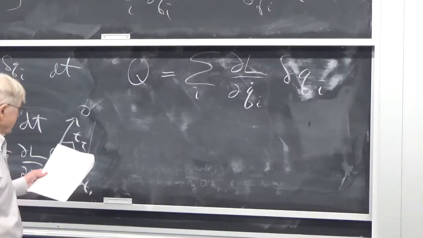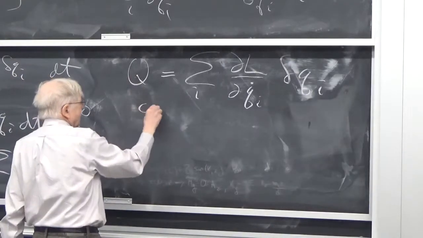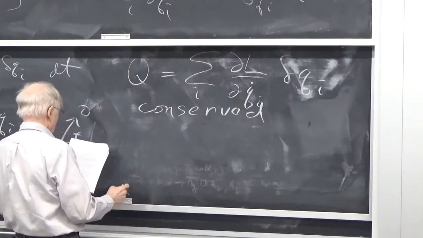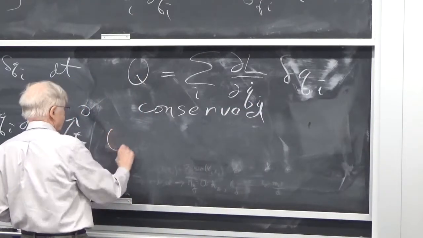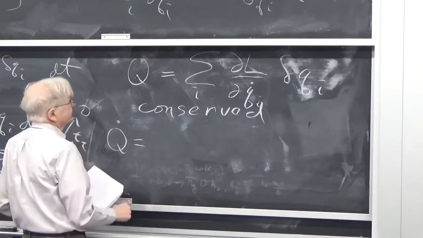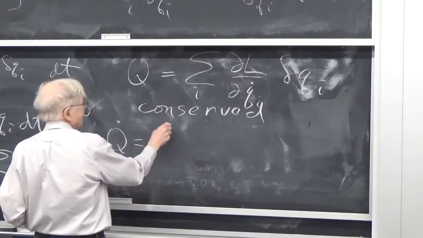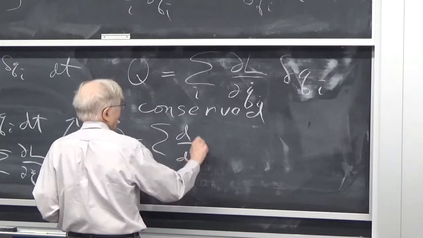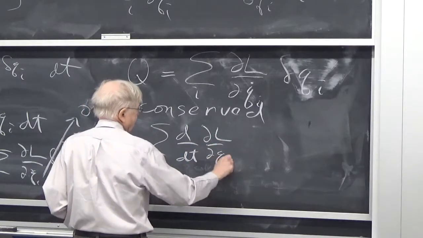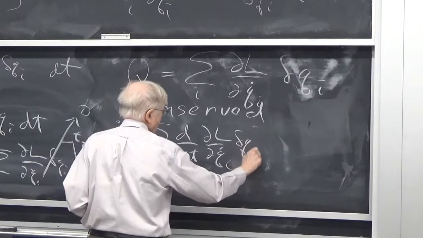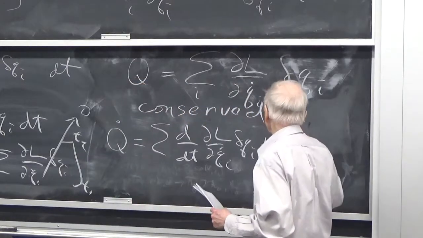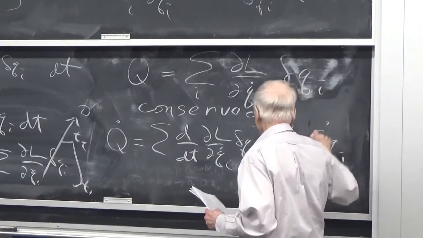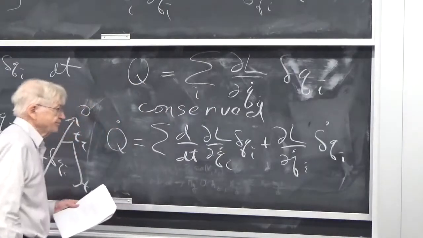And to see that Q is a conserved quantity, what we do is we compute its time derivative, and we get that Q dot is the time derivative of that, so that would be the sum of d by dt of partial L partial Qi dot times the change in Qi, plus partial L partial Qi dot times the time derivative of the change in Qi.